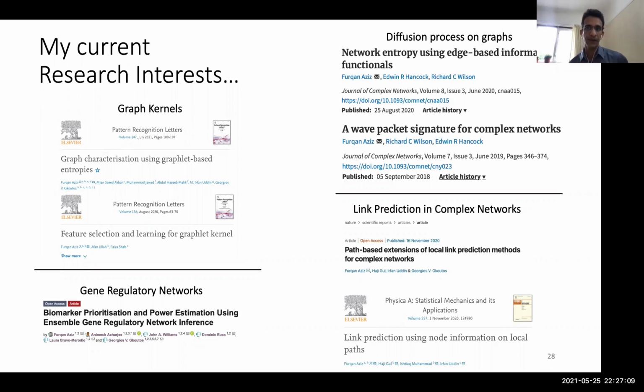We have used Bayesian networks to infer gene regulatory networks from gene expression data. We have implemented different diffusion processes on graphs, which I've already explained in my talk. And finally, a problem of both theoretical and practical importance, link prediction in complex networks. We have shown how this problem can be used for predicting missing links in a network.